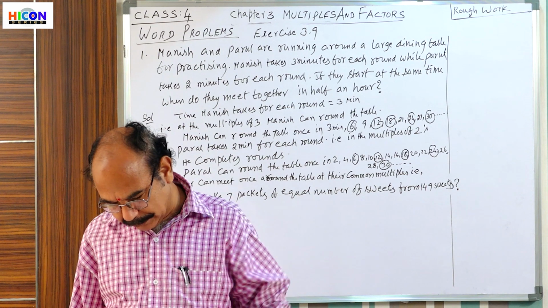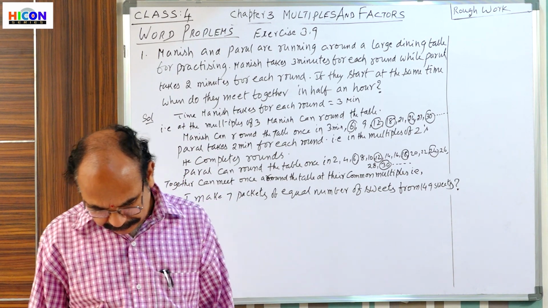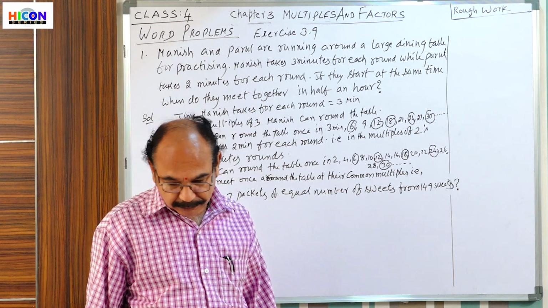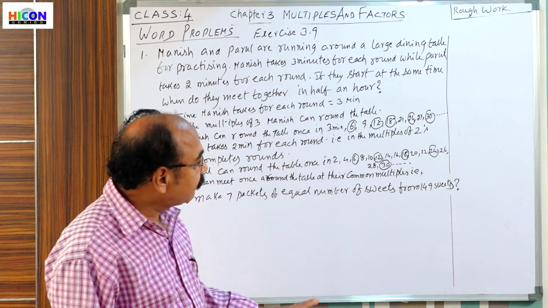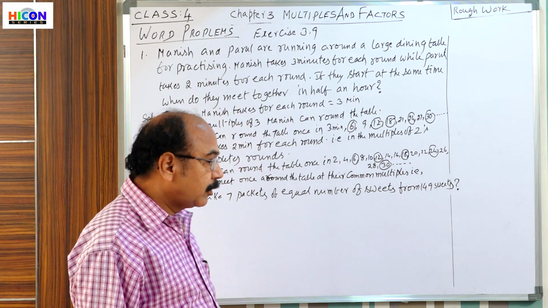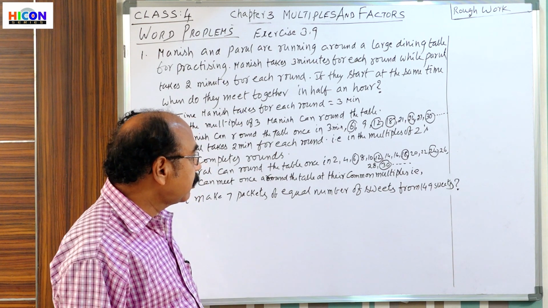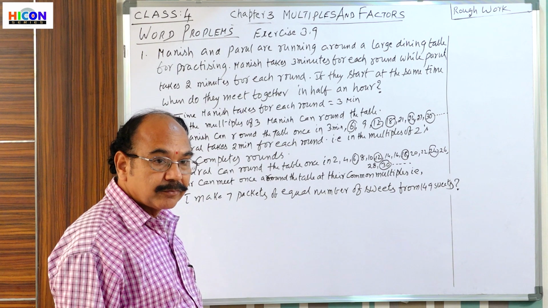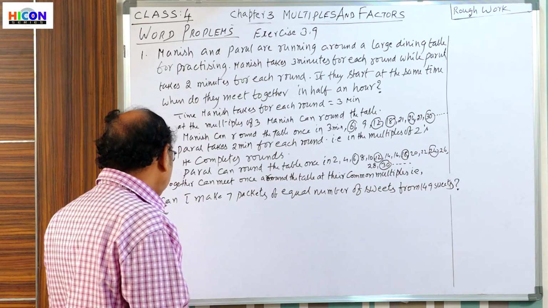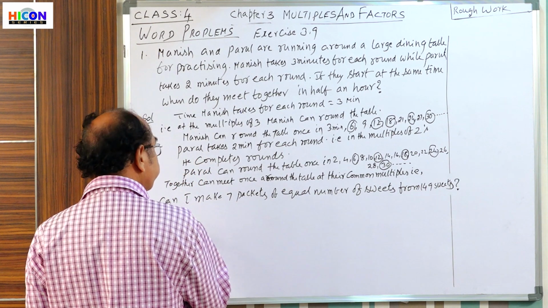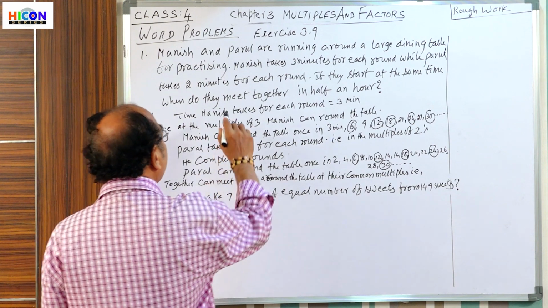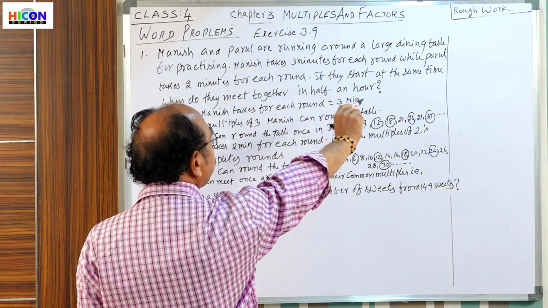Here what is the time limitation? In half an hour, or within half an hour. Within half an hour means we need not take 30. So what do we write here? When do they meet together in half an hour?